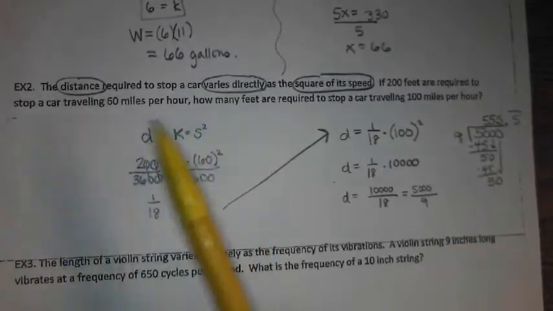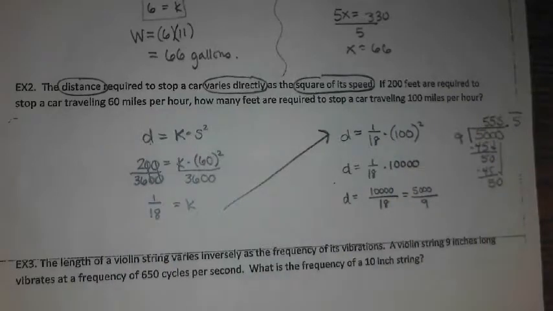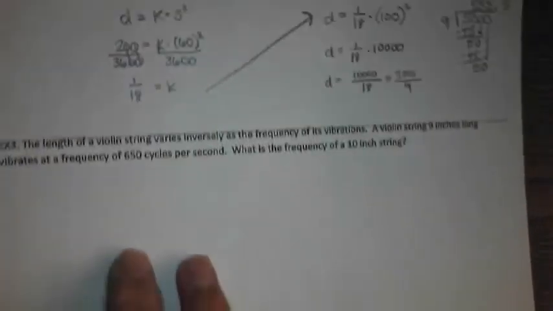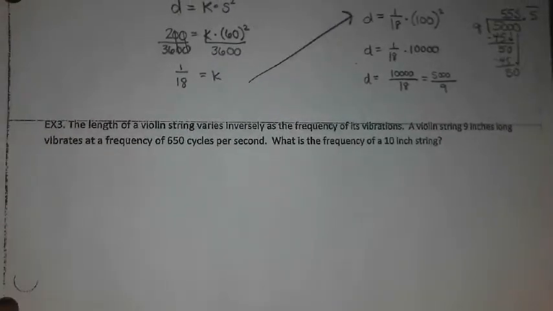Same thing with the distance a car stops based on its speed. If a car is going slow, it's a shorter distance. Slower speed, shorter distance to stop. If you increase the speed of a car, then the distance it takes to stop is also going to increase. Okay? Inverse variation kind of is the opposite of that, right?